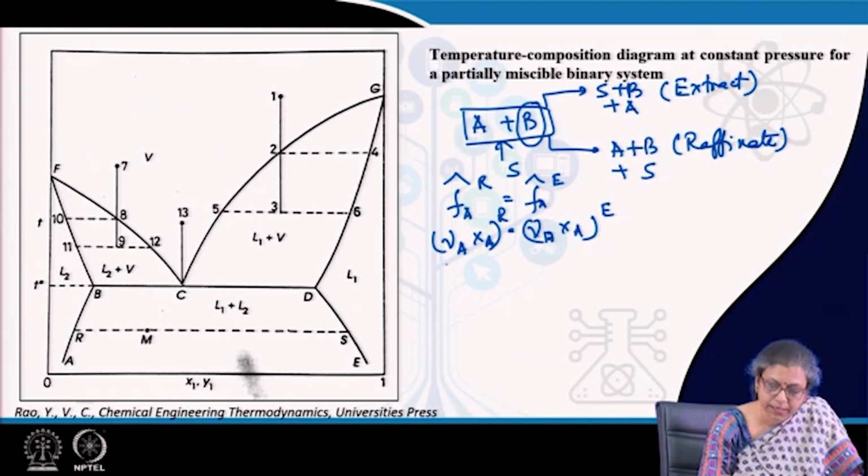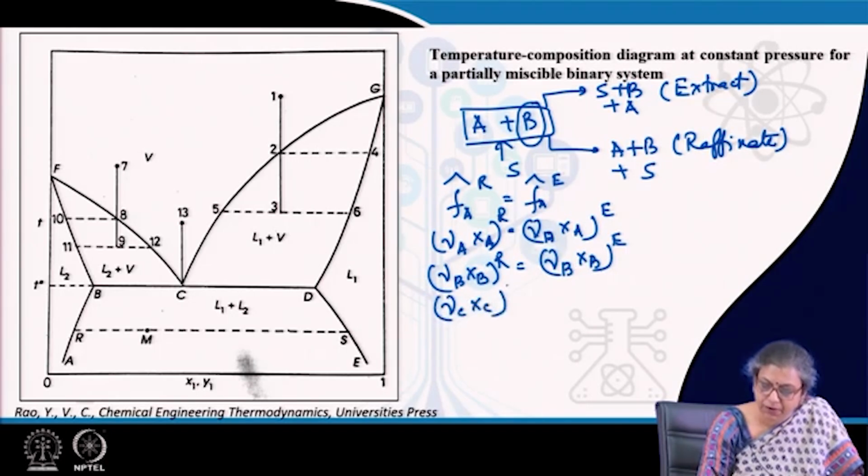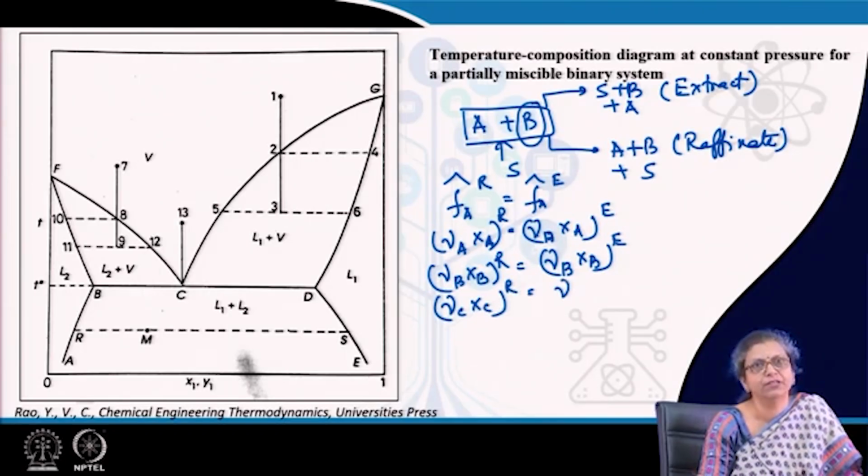In the same way, we can say that gamma B x B in the raffinate phase should be equal to gamma B x B in the extract phase. And remember one thing: since we are dealing with two liquid solutions, there is every chance that both of them are going to be non-ideal.